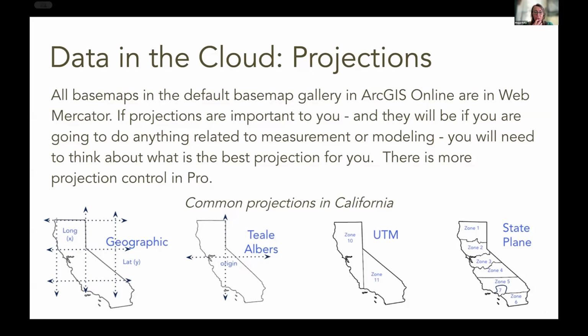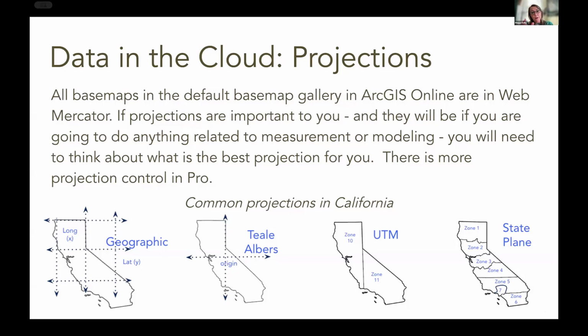These are common projections that you'll find associated with spatial data for California. Geographic just means 1 degree latitude equals 1 degree longitude. It's your decimal degrees. Sometimes people will send you data in that. It's not a great projection for doing analysis with. Typically, we do something like Teale Albers, which covers the whole state. It's the statewide projection.